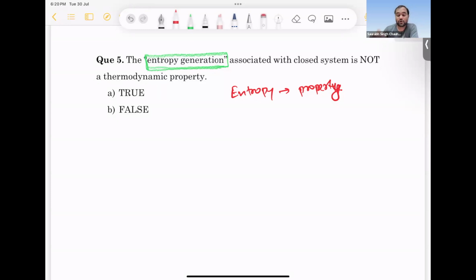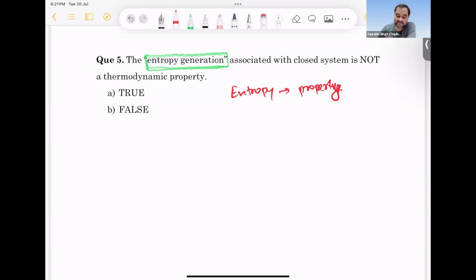Entropy is generated in all the irreversible processes. Entropy generation is defined for a process, so it should be a path function. The path functions are not properties, because when we say thermodynamic property, it should be a point function.